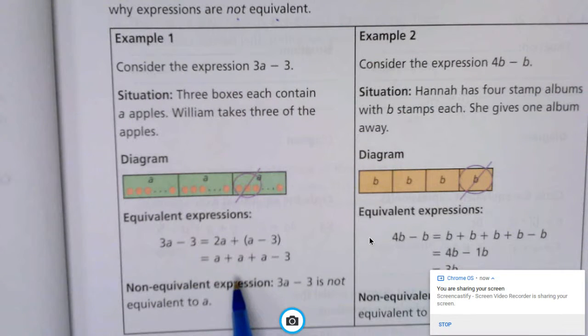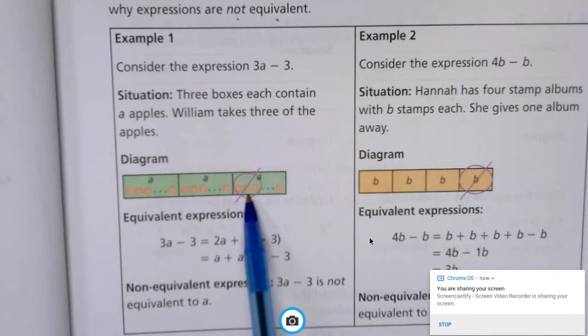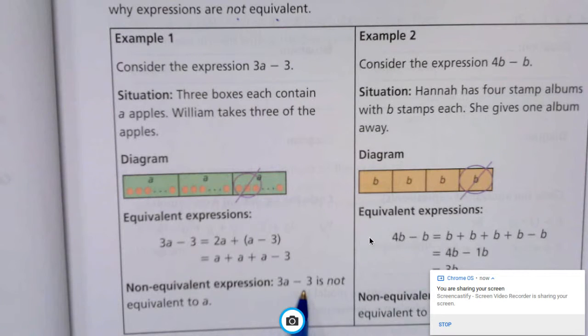So it means 3 boxes of apples minus 3 apples. The fact that 3a minus 3 is not equivalent to a is important, because this is an error that students often make, because they think of 3a as 3 plus a rather than 3 of the a's, or 3 times a. So you have to be careful thinking about a situation or visualizing a diagram like this so that you don't run into that problem.